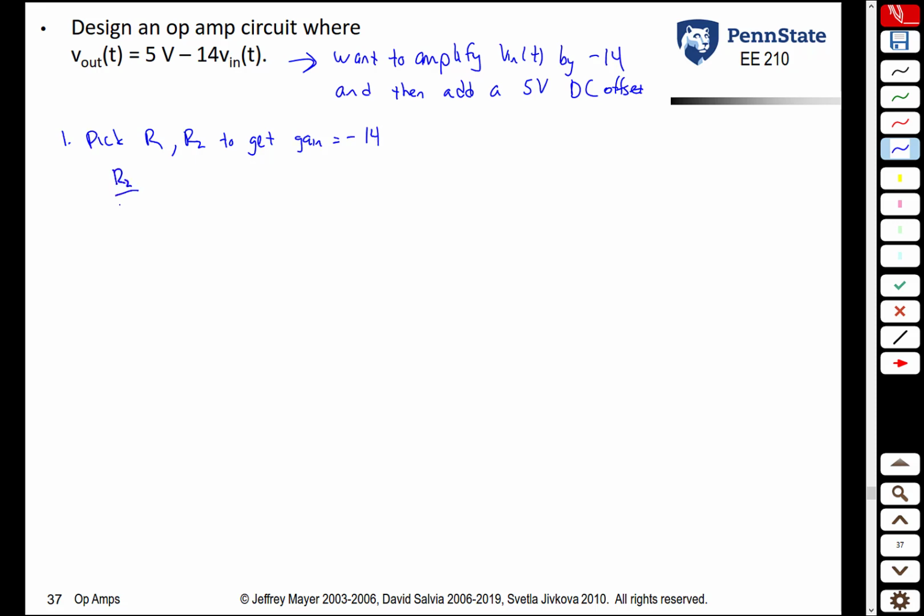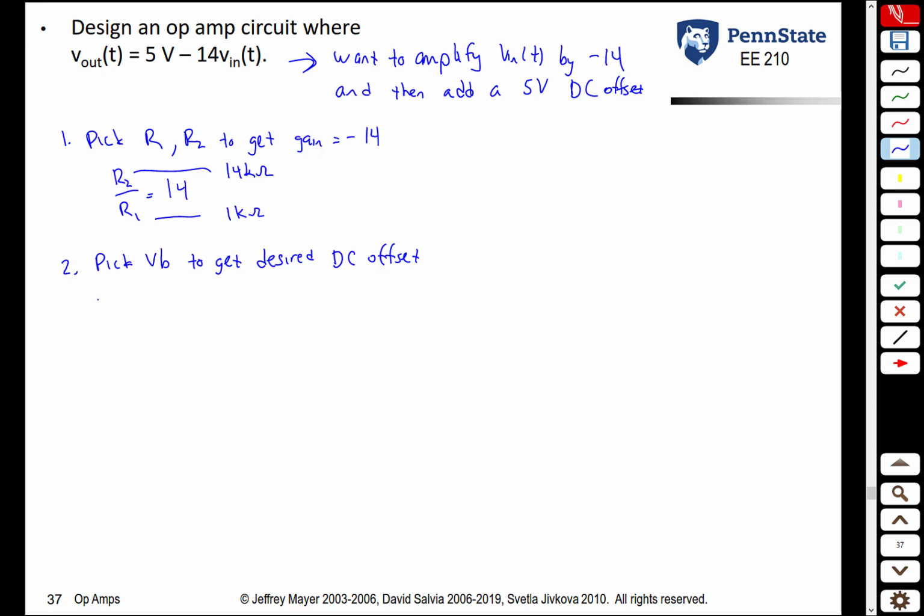Specifically, we just set the ratio of R2 to R1 equal to 14. So for example, we could use R2 of 14 kiloohms and R1 of 1 kiloohm. It's not unique, but that would certainly work. The second thing you want to do then is pick VB to get the desired DC offset.